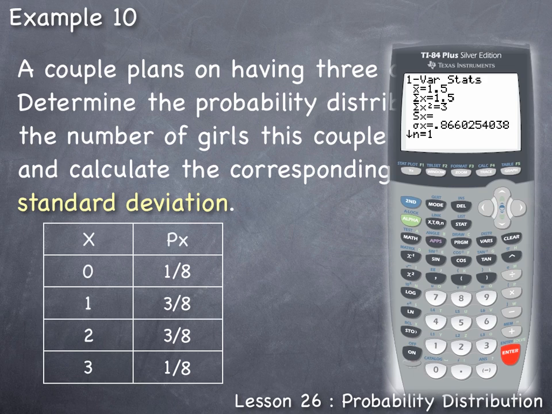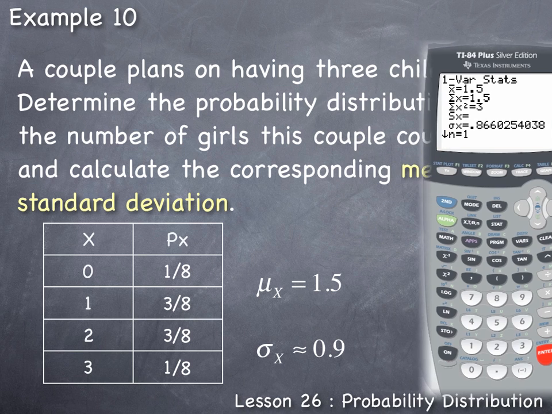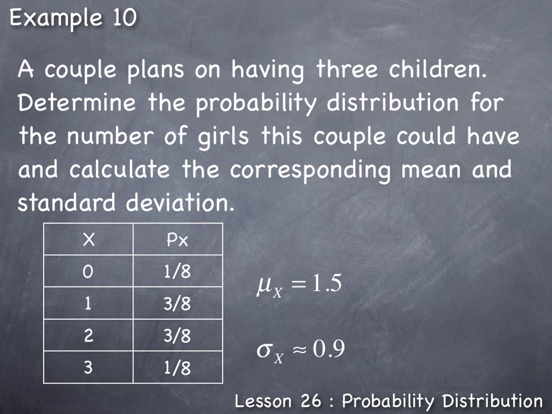When calculating the means and standard deviations based off probability distributions, we're actually dealing with the population, that is 100% of all the possible outcomes. So we will use the population symbols for mean and standard deviation. So mu sub x, the mean, is equal to 1.5. And the standard deviation, sigma sub x, rounds off to about 0.9. So there we have it. We have the probability distribution for the number of girls born in a 3-child family, along with the corresponding mean and standard deviation.